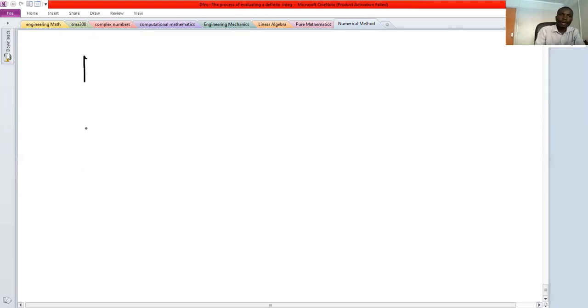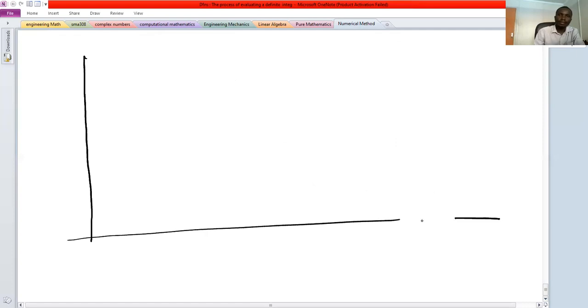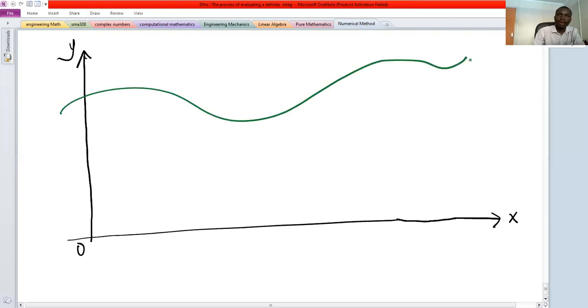Let this be the y-axis, and let this be the x-axis. So this is the origin. Let this be an arbitrary curve, y equals f of x.